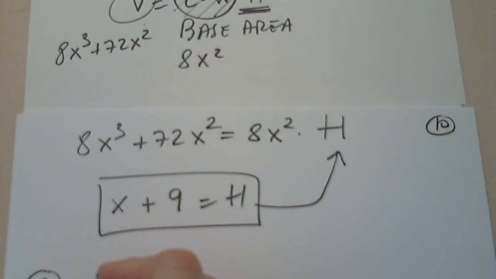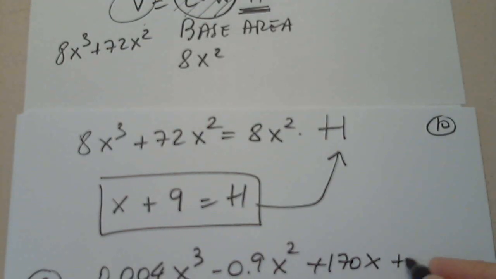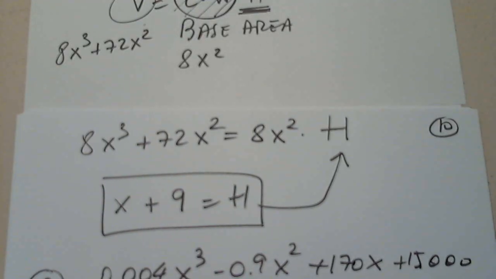I'm going to copy it: 0.004x cubed minus 0.9x squared plus 170x plus 15,000, everything divided by x. Simplify the quotient by dividing each term in the numerator by the denominator, and then use the result to determine the average cost when x is 190. x is 190 units per day.